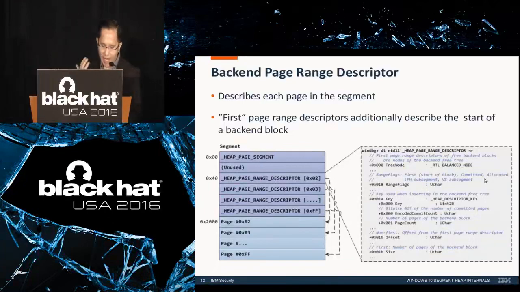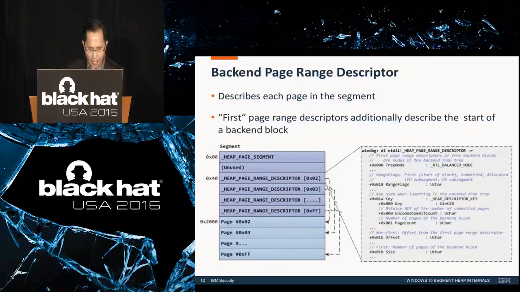Next, because backend blocks can span multiple pages, there are what are called first page range descriptors, which are basically the page range descriptor for the first page of the backend block. First page range descriptors are marked as such by the first flag in the range flag field. And they have additional fields set, such as the size field, which is equal to the size of the backend block in pages.